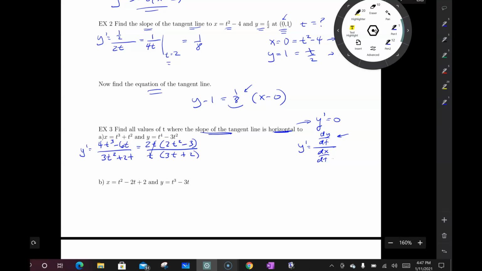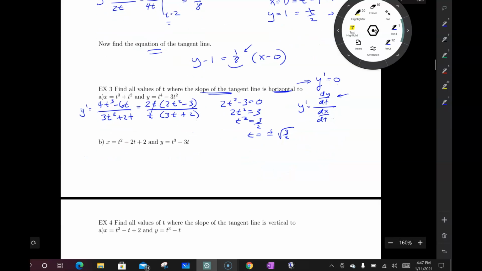So I can't use t equals 0 for the numerator. So do the canceling like you need to. Now I'm going to set the numerator equal to 0 because that's where my tangent line will be horizontal. t squared will equal 3/2. So t will equal plus or minus root 3 over 2.